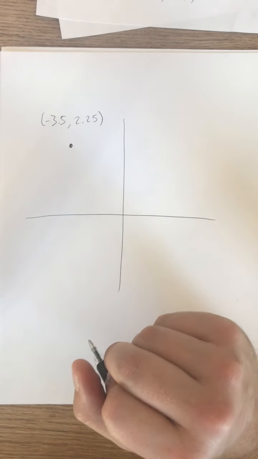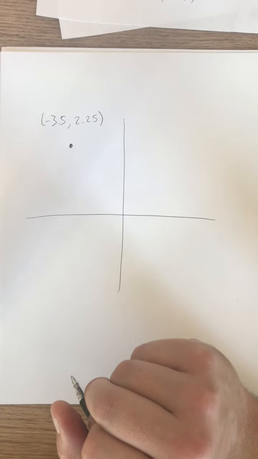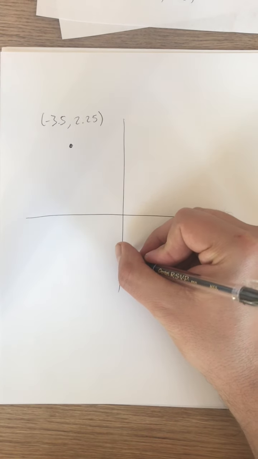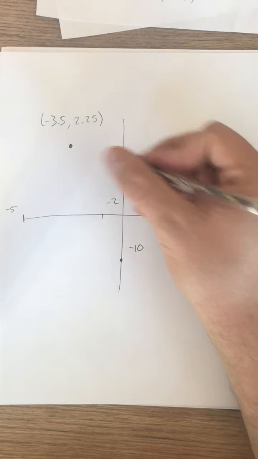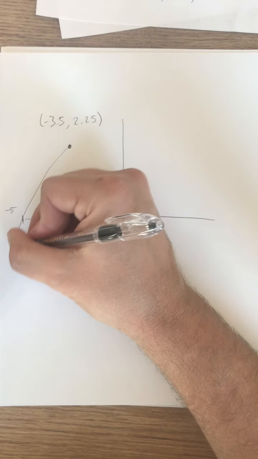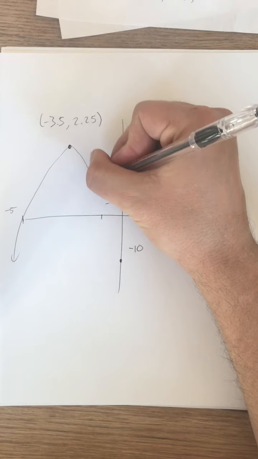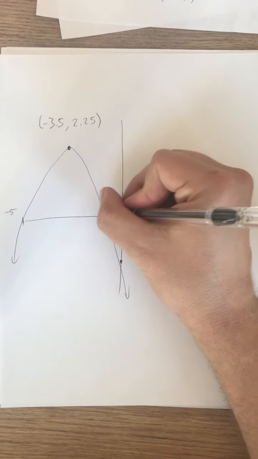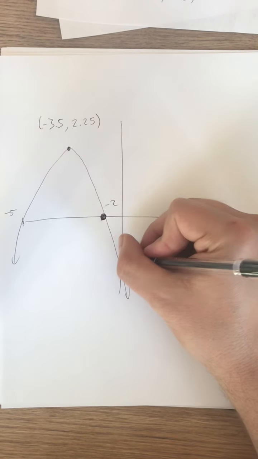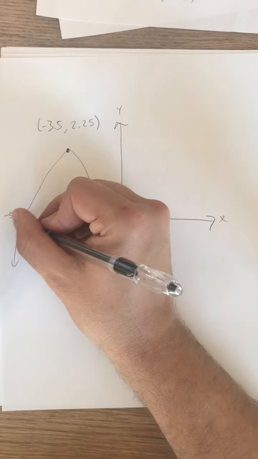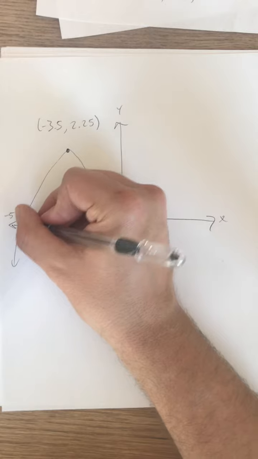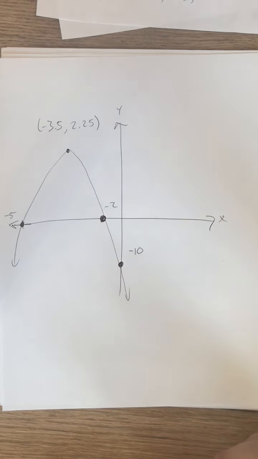And we have a y-intercept at negative 10, x-intercepts at negative 5, negative 2. Do my best to draw the shape of a parabola. Label my axes. And we've got it graphed.